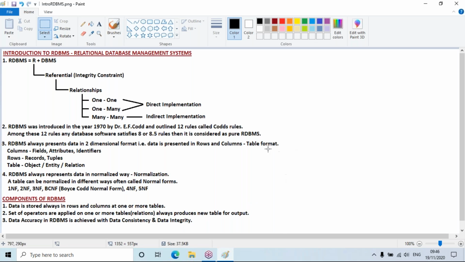Okay, is everything clear on this topic of introduction to RDBMS? Ram, do you have any questions? Nayakar, is everything fine?